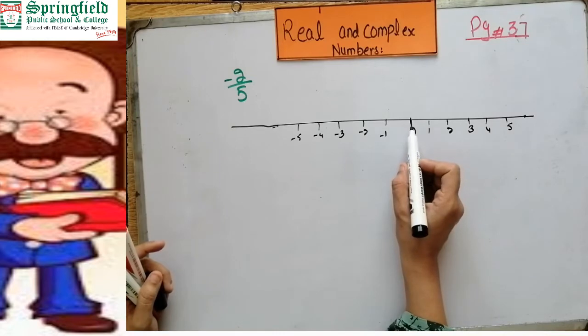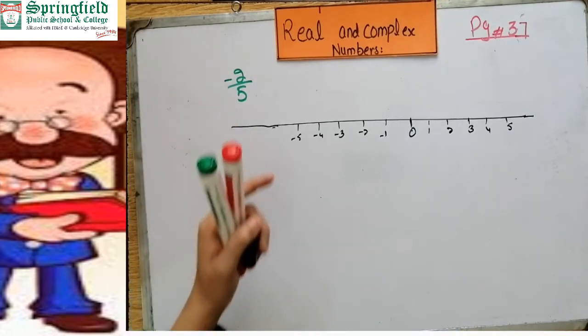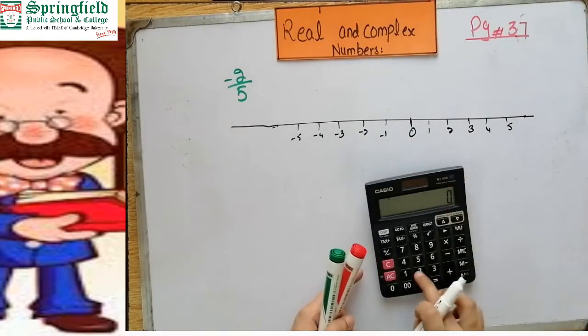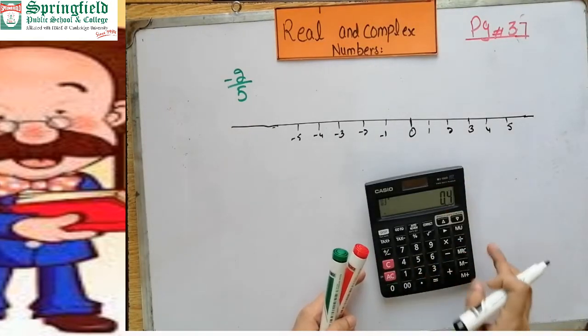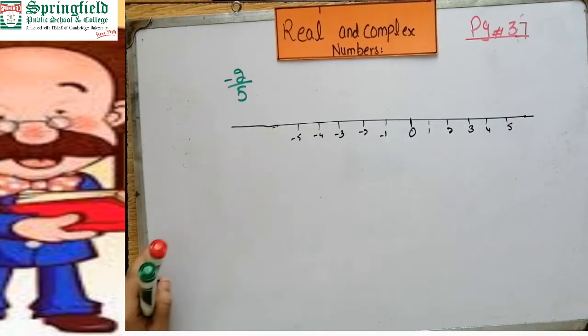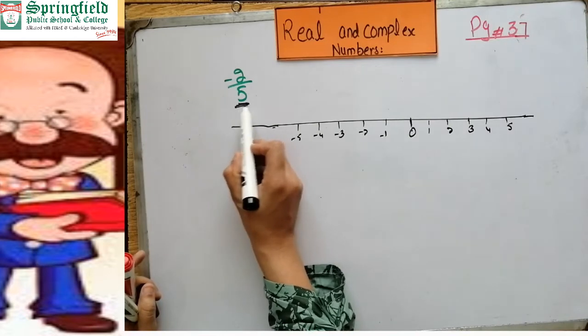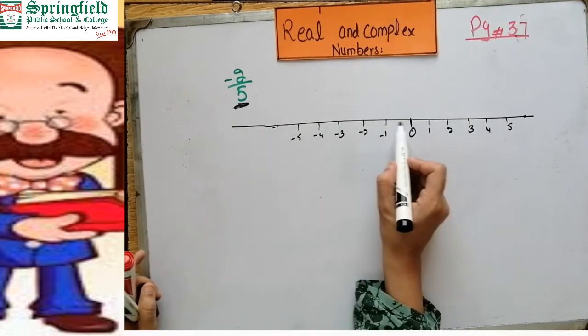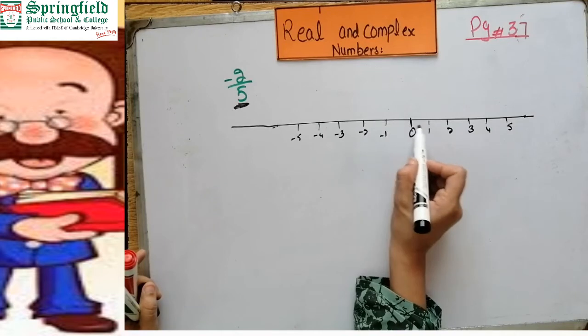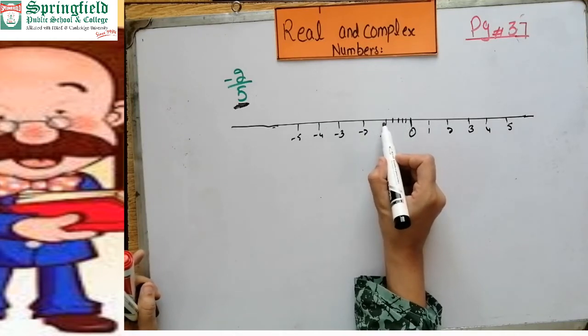So we will start from 0. When we calculate 2 by 5, it is 0.4. Check the denominator. The denominator is 5, so we will make 5 divisions here: 1, 2, 3, 4 and 5.